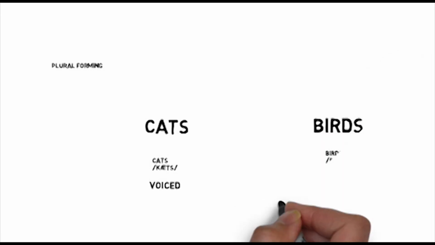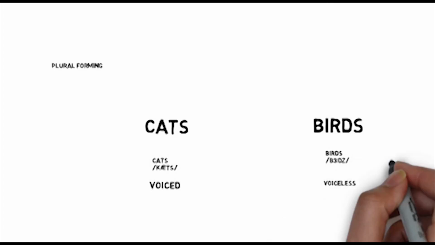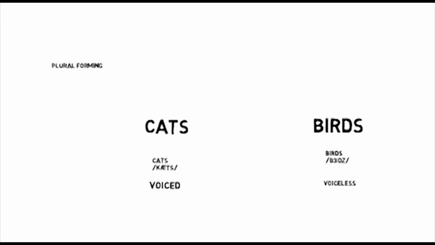The two variants in the plural form, S and Z, are determined by the preceding letter. The preceding letter is t for cats and the preceding letter is d for birds. And these are two variants of complementary distribution.